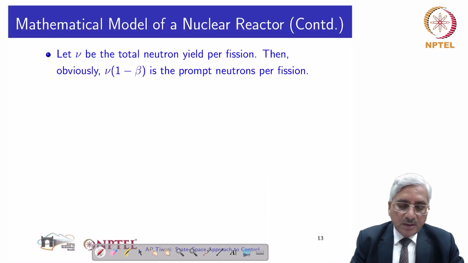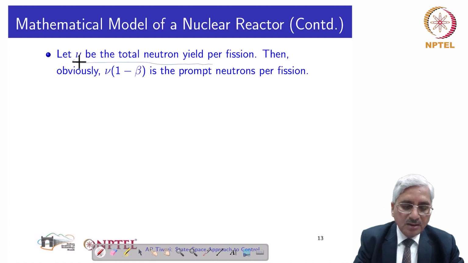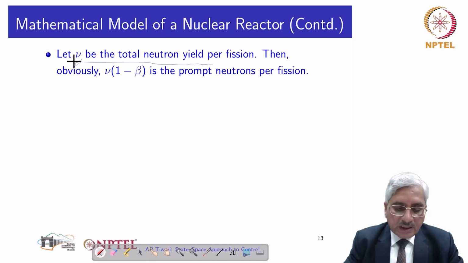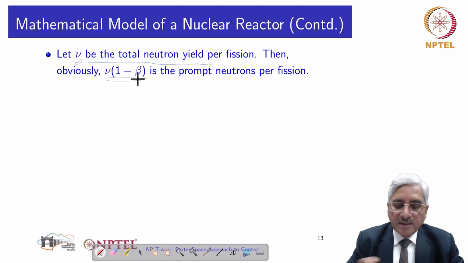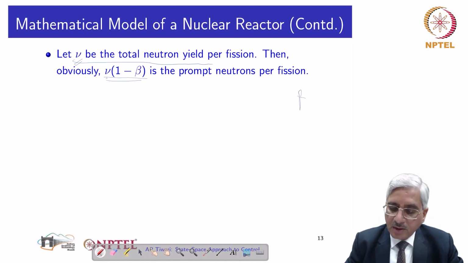If nu is the total number of neutrons coming out in each fission, that 2 to 3 neutrons, then nu times (1 minus beta) is the prompt neutrons per fission, because beta is the delayed neutron fraction.